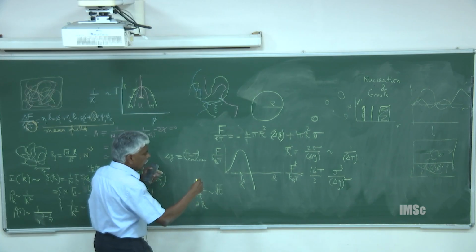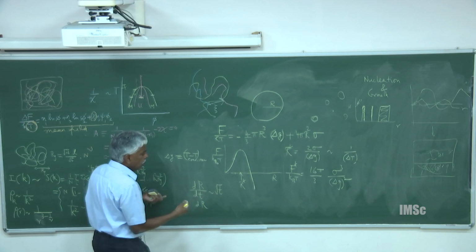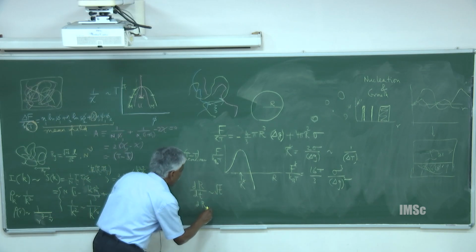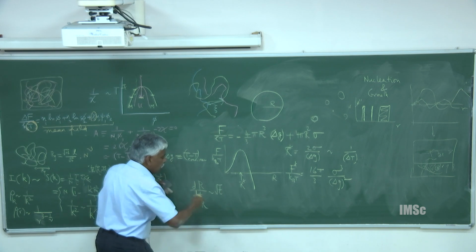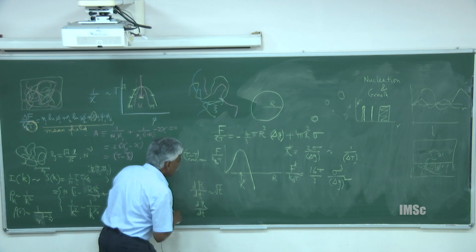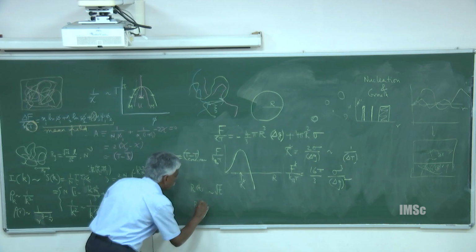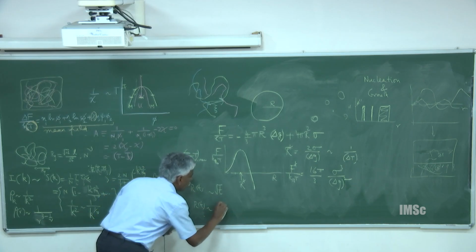So the early stage of growth, it goes like square root of t. Basically, it's diffusion-like. And then much later, they are collaborating. Then dr by dt. I should not have written like this. Excuse me. I should have written r of t. R of t goes like t to the 1/3.